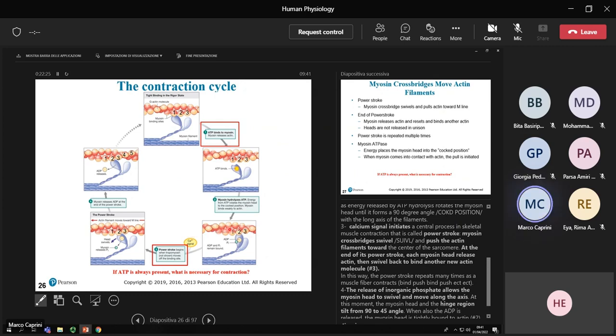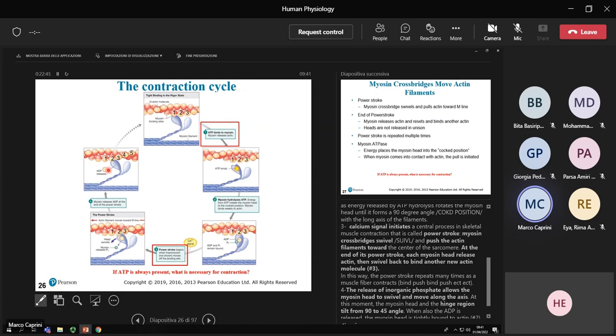At the end of its power stroke, each myosin head releases the actin at position 2, and then swivels back to bind another new actin molecule.